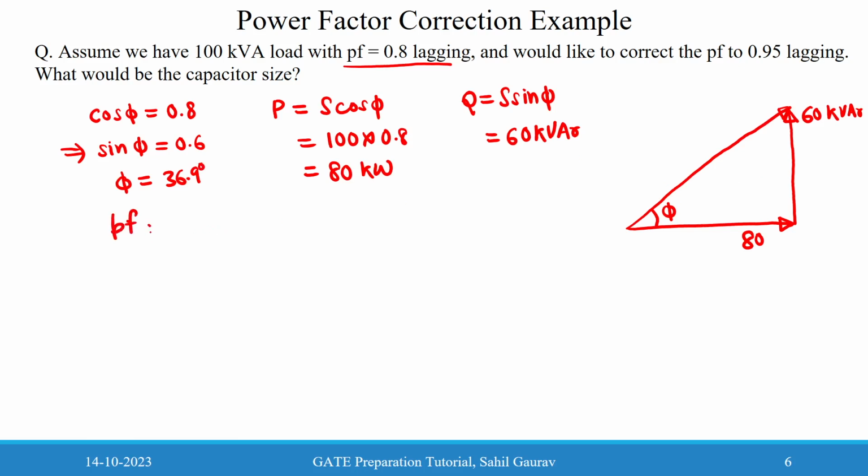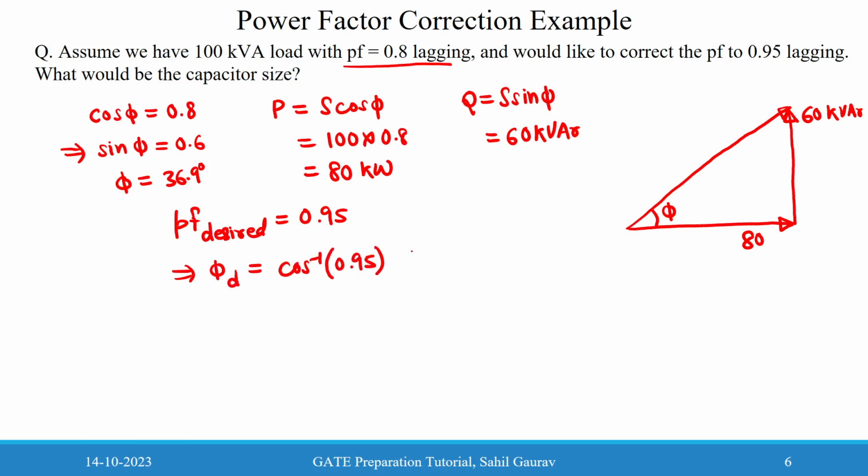So the power factor desired is 0.95, so phi d is cos inverse 0.95, which will be 18.2 degree.